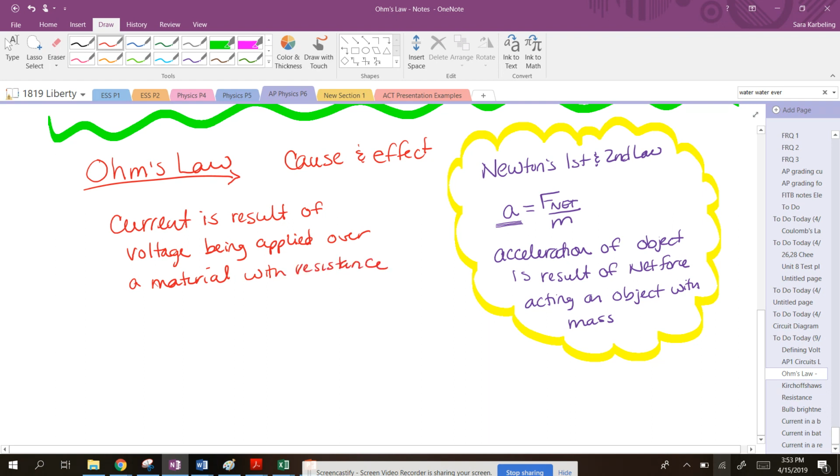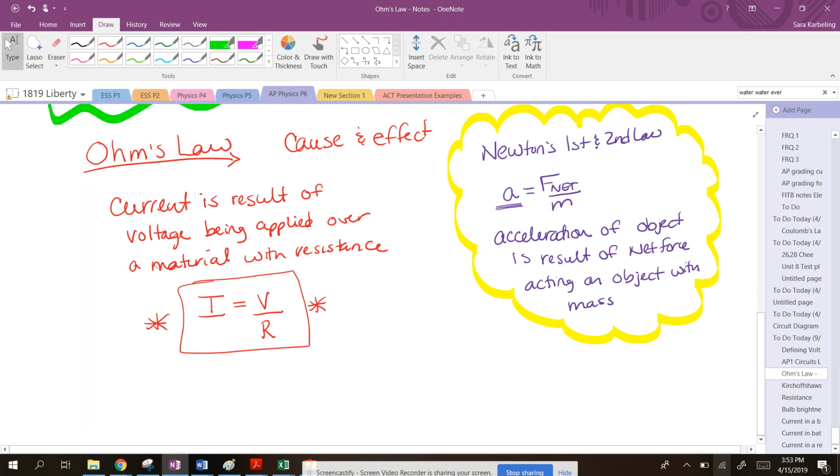So if we think about it in the same way that we had, okay, the current is a result of a voltage being applied over a resistance, okay? This right here is Ohm's law. This is the one that you graphed in your lab, and this is kind of the big rule for circuits.